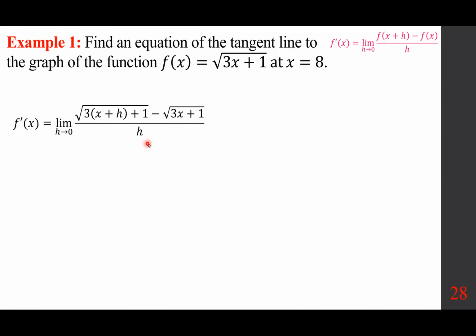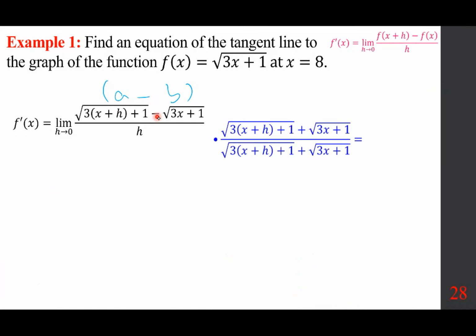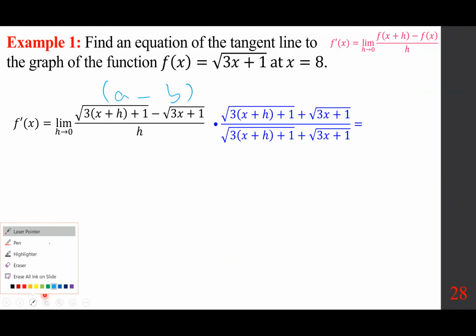That's what happens mainly in calculus. So the technique is the conjugate. We're going to multiply by the conjugate of this, which means we're going to change this to a plus. We're going to multiply and divide by it.